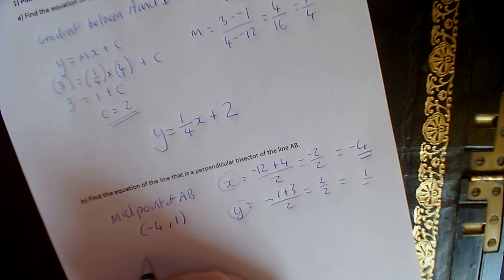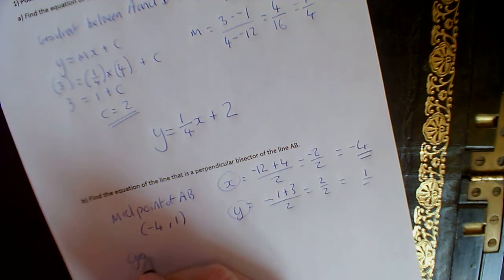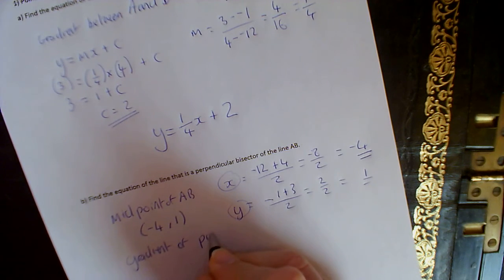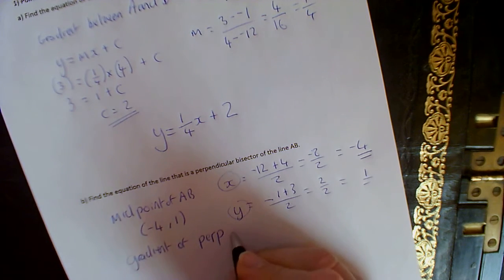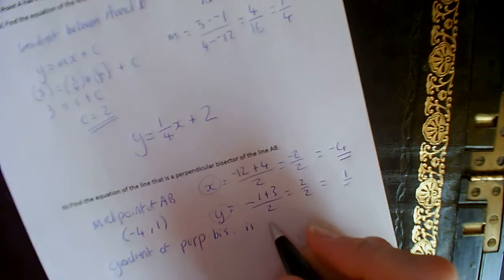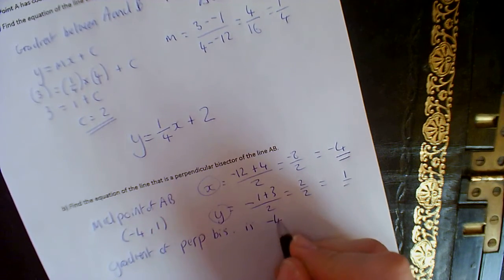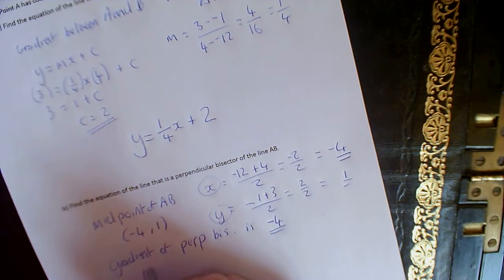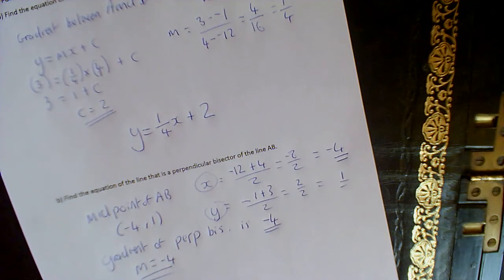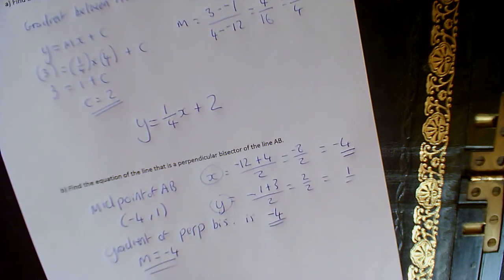Now, we know the gradient of our perpendicular bisector is going to be, of course, negative 4. So I know m equals negative 4. Why does it equal negative 4? Well, it's the negative reciprocal of a quarter.